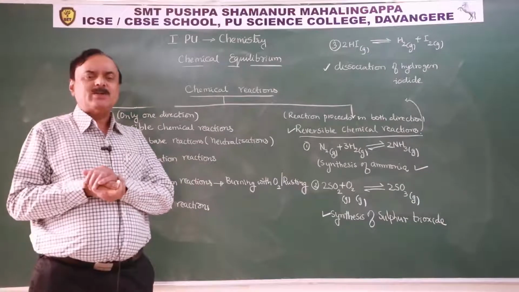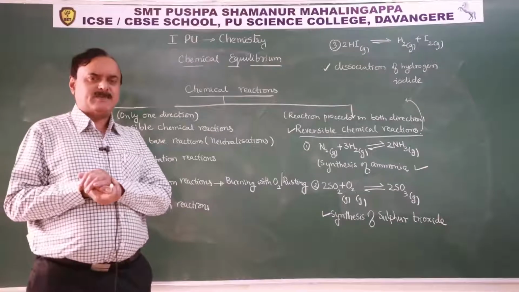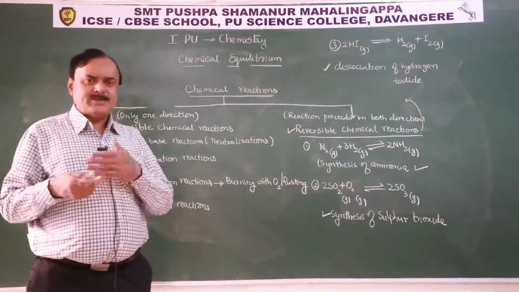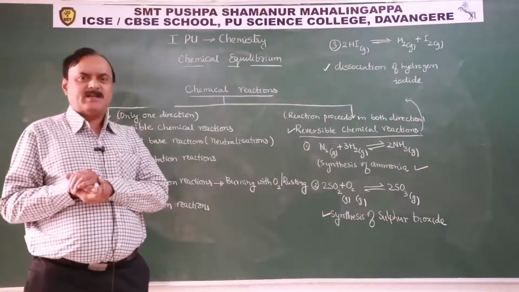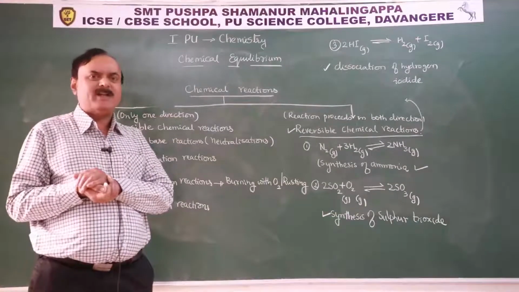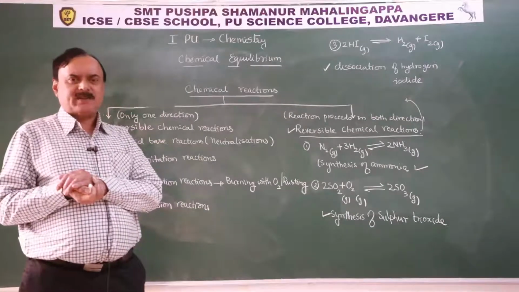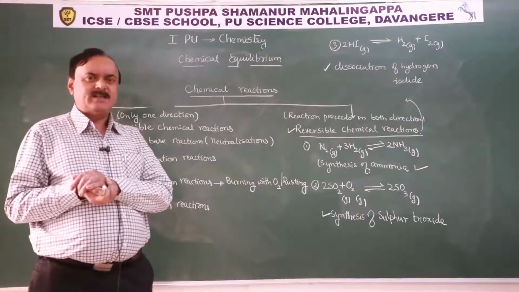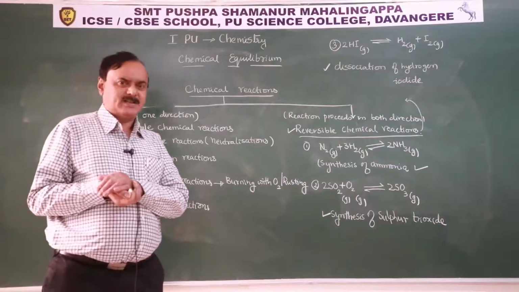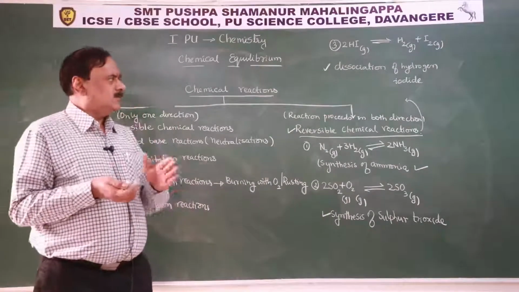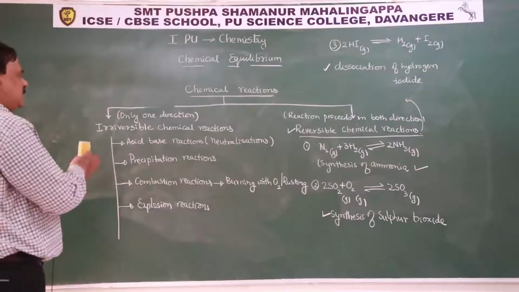This implies that closed or cylindrical containers are required to carry out this type of chemical reaction. The same reaction conditions used in the forward direction are to be maintained for the backward reaction. This implies that the temperature and pressure remain constant during reversible chemical reactions.